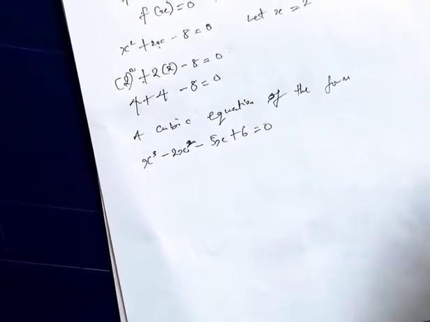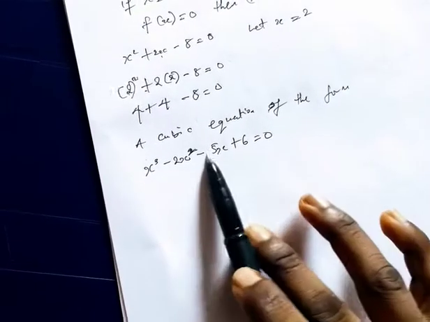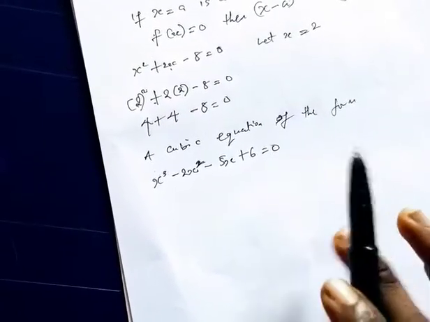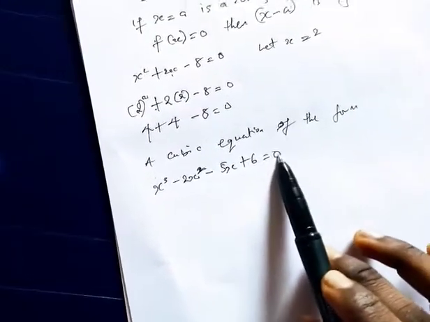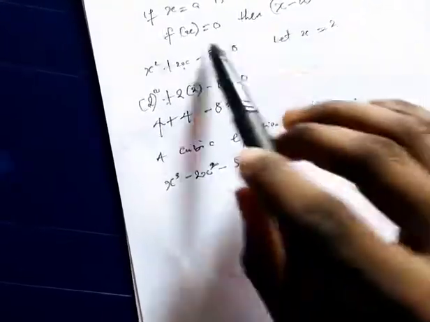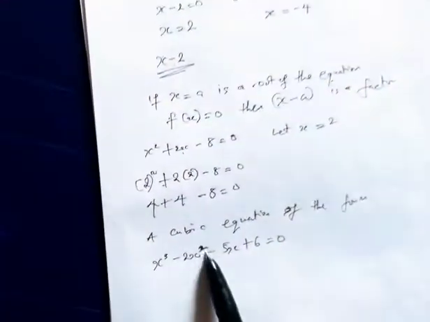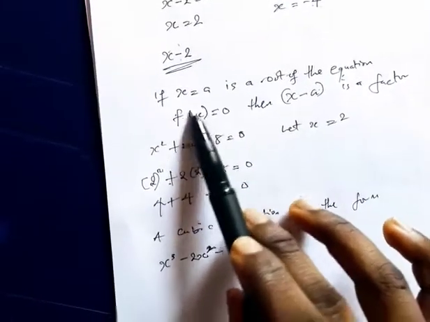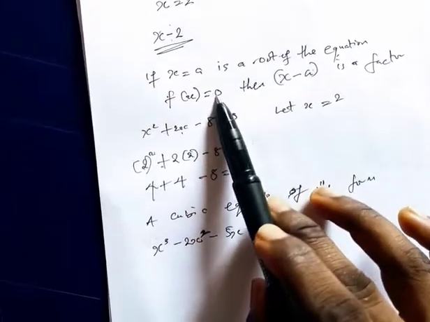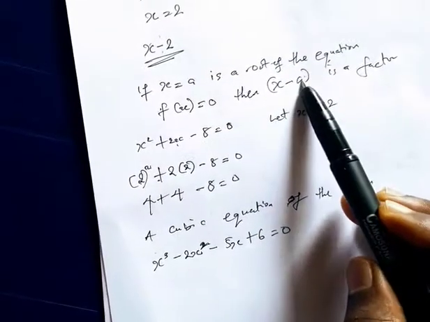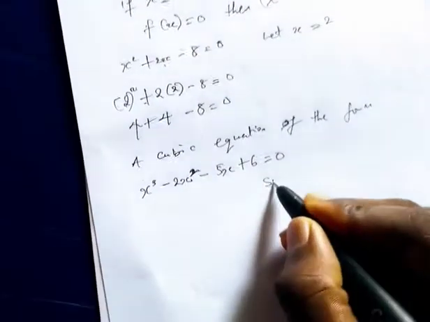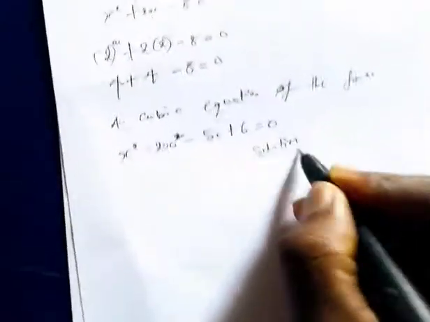This process involves putting different values for x and checking which of these values equals 0. All those values that give 0 are referred to as factors of the particular equation. That is what it means here: f of x has to equal 0. Then we can say that that particular value is a factor. So let's solve.